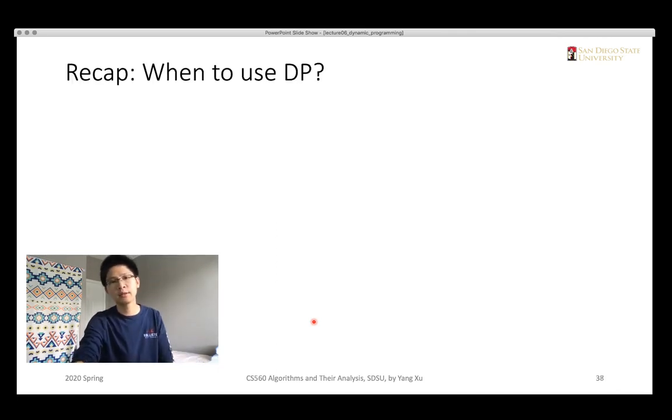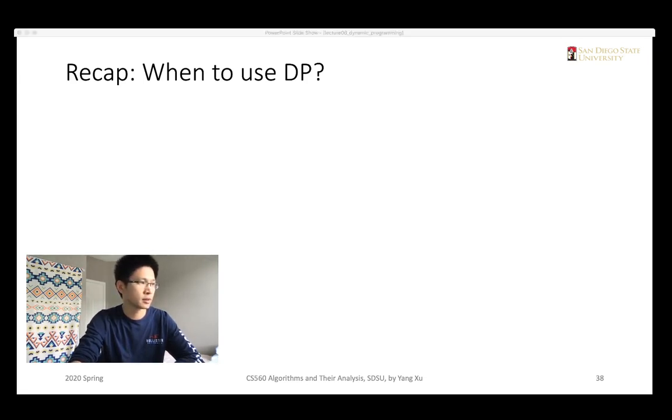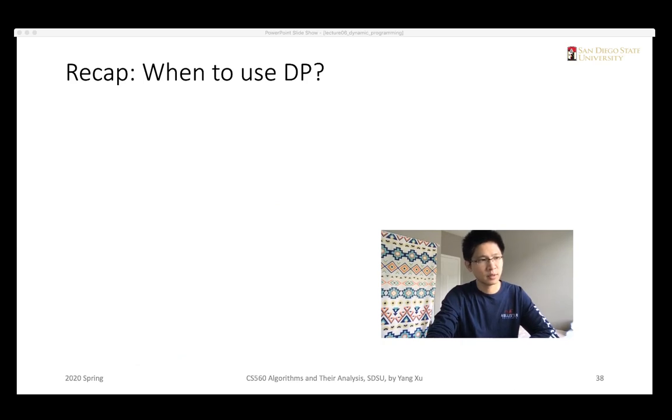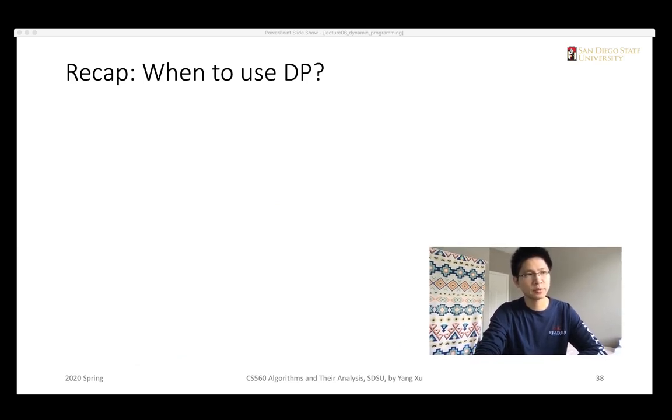Okay, so now let's do a little recap of everything we have covered so far about dynamic programming. There are two major indicators of when we should use dynamic programming. We first introduced the Fibonacci example, and then the rod cutting problem as the second example, and they share such properties.